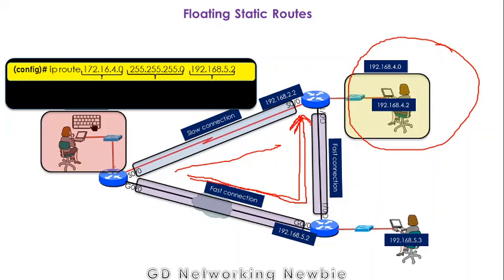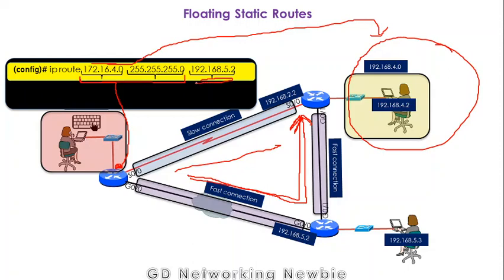It means we need to configure this router to use this static route to go to this destination network. So you can see this is the destination network, and to reach that destination network, we are statically configuring that.